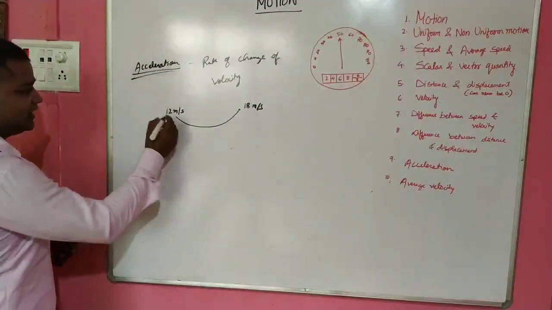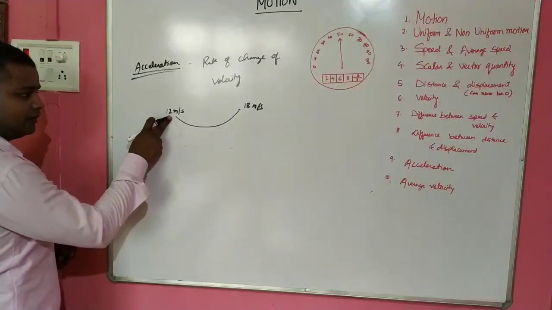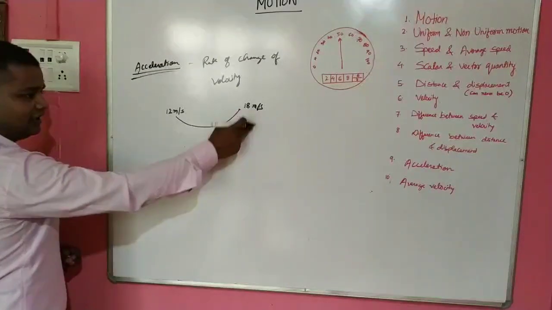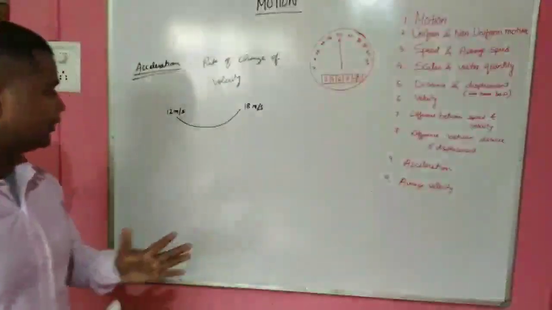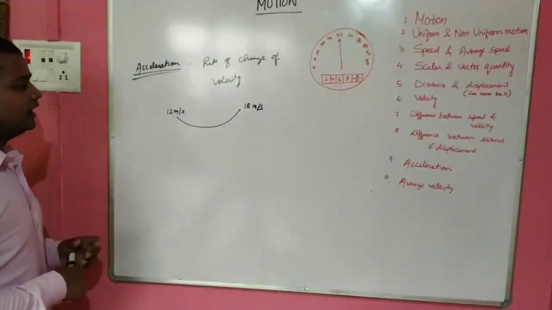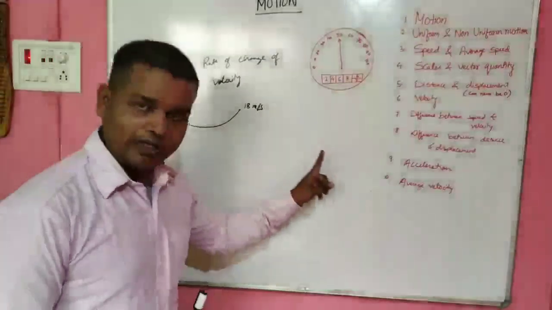So what is the initial velocity in this case? 12 meter per second. What is the final velocity in this case? 18 meter per second. Okay. From 12 to 18.